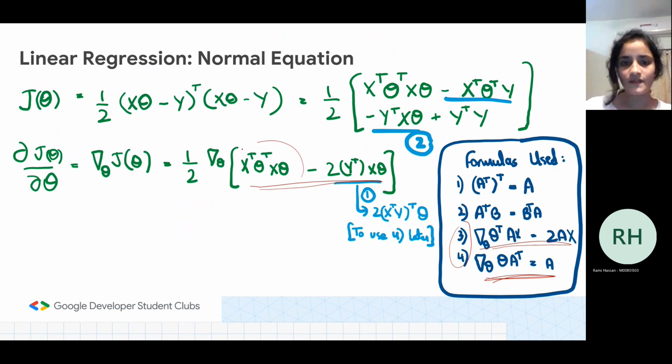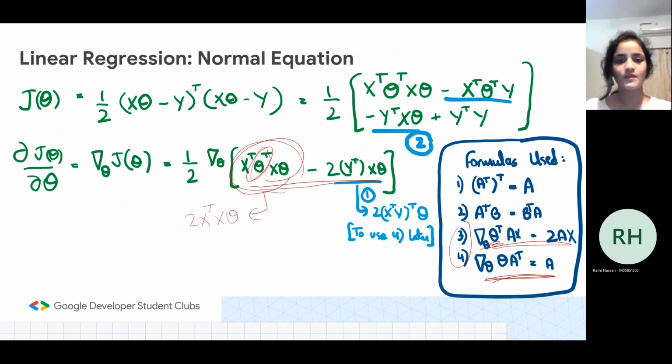Here, in this first term, we have a theta transpose. And we have a formula for theta transpose, right? If the term theta transpose is there, everything else is going to remain as it is. That term is going to turn into 2. That's it. So if we derive this term, theta transpose becomes 2, and then the rest is just the same. So x transpose is there, x is there, theta is there. So this term is dealt with. This is going to be the partial derivation.